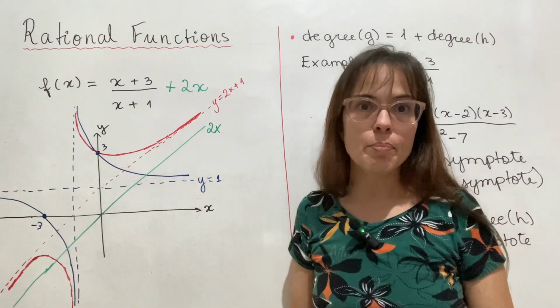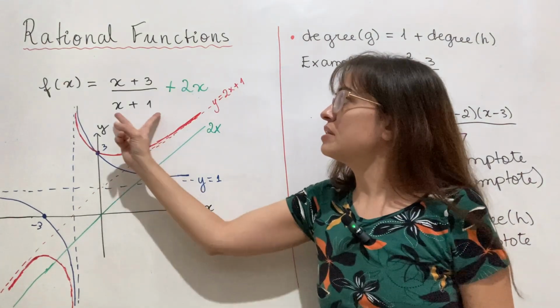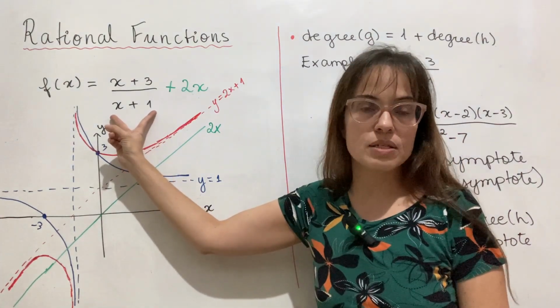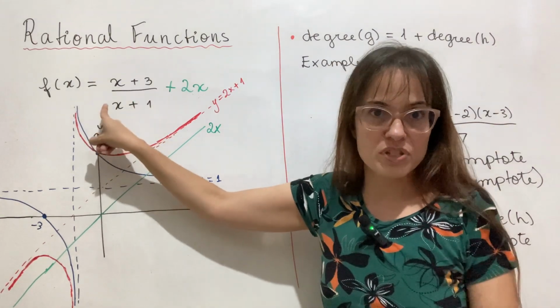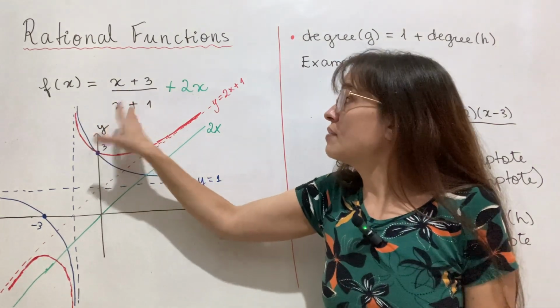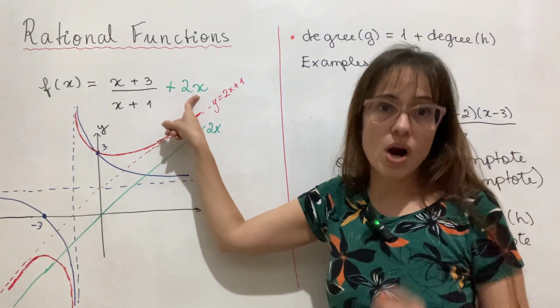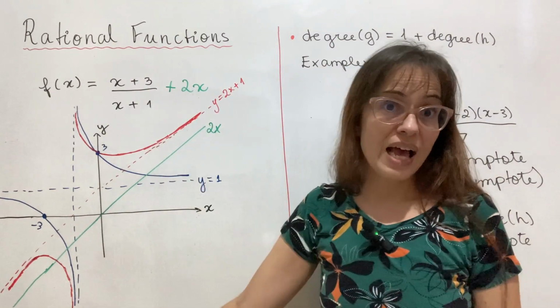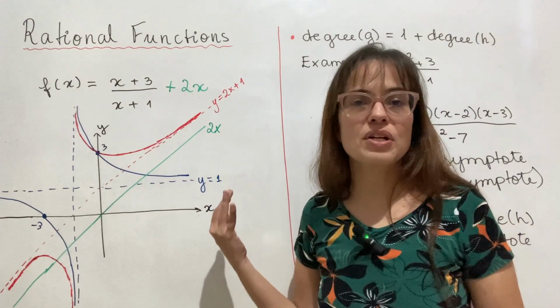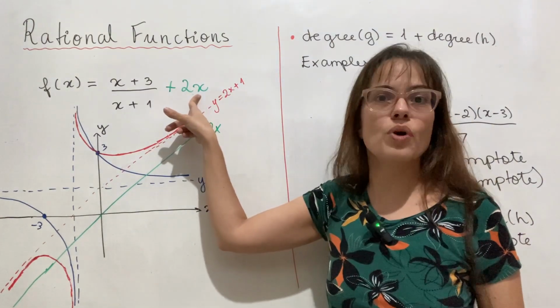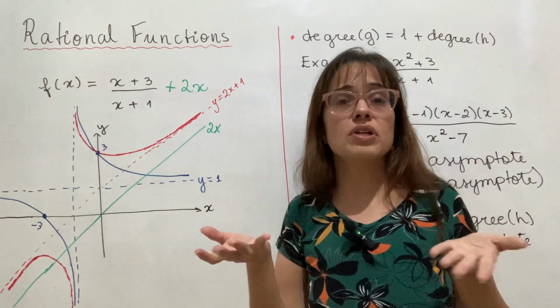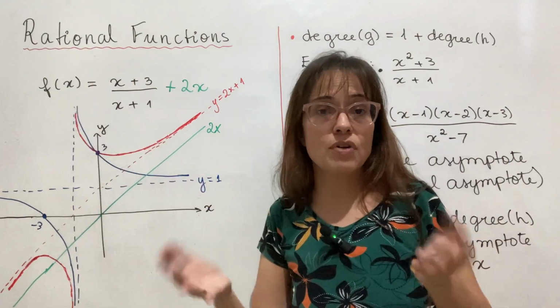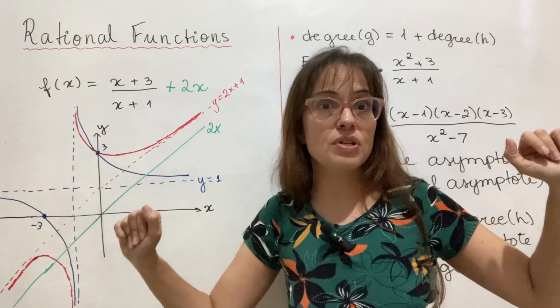This only happens when you take something that has a horizontal asymptote and therefore the same degree on both sides of the fraction, and you add that to something that has degree 1, which is a line. If you add it to something bigger, like x squared here, then you also get interesting asymptotic behavior. You're going to get something that looks like a quadratic function as x goes to infinity.